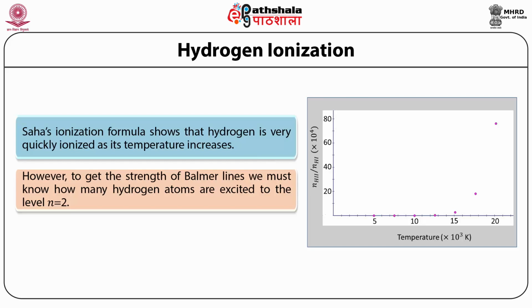We can see the given figure below, which describes that at around 5000 Kelvin, hydrogen is completely unionized, and by about 15,000 Kelvin, it is fully ionized.